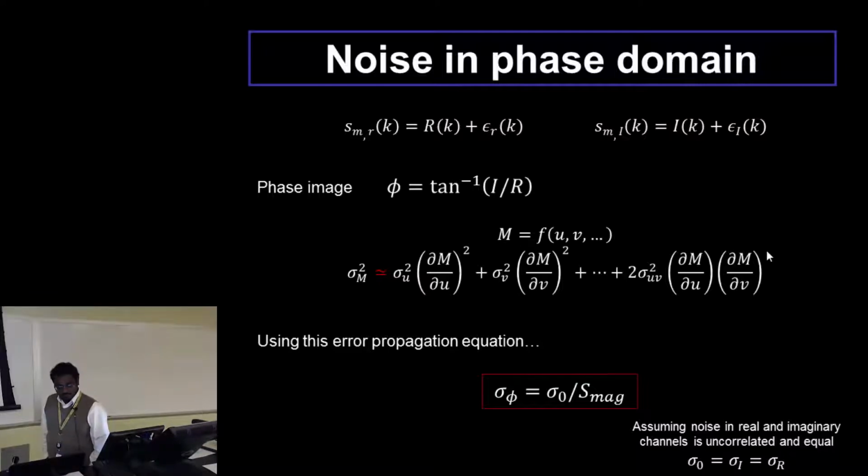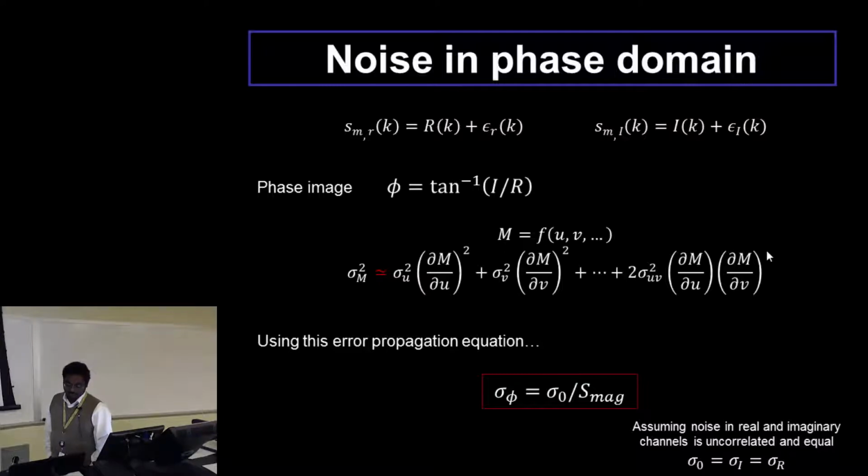You can use the same methodology that we talked about in the last slide, where you use the same error propagation equation to evaluate what is happening to error, or noise, in the variable phi as a function of noise in the imaginary and real channels.